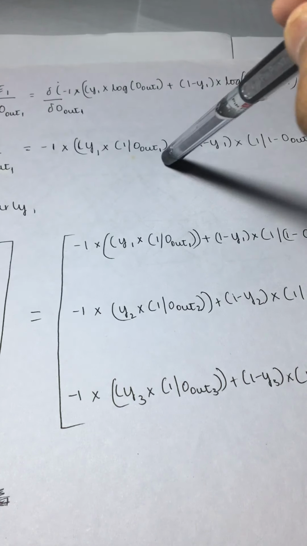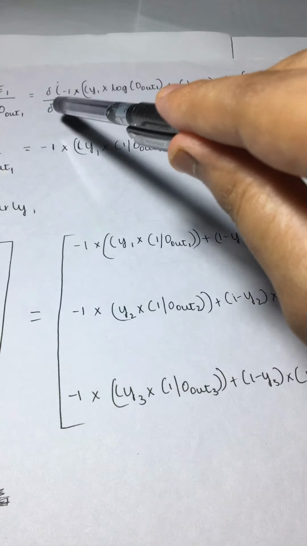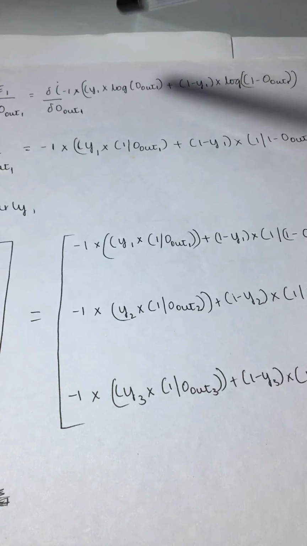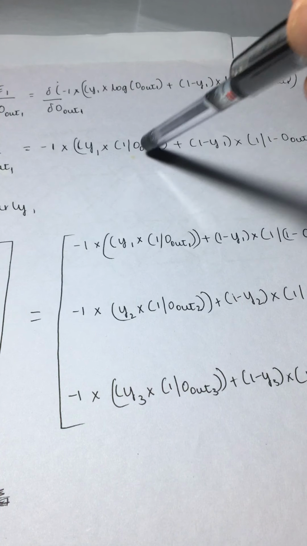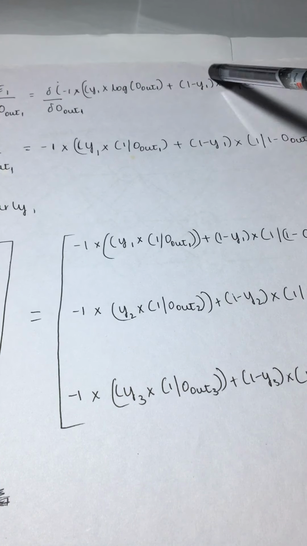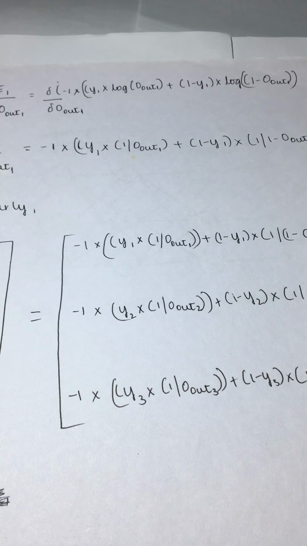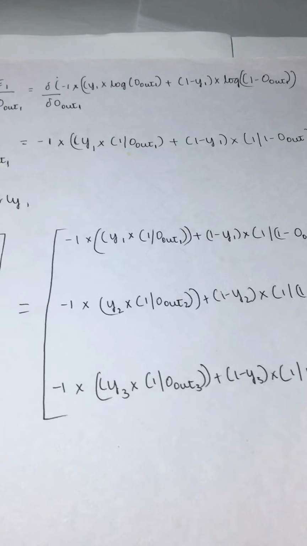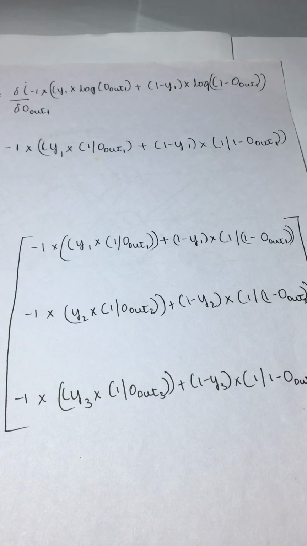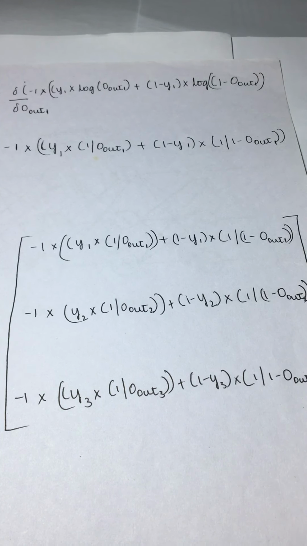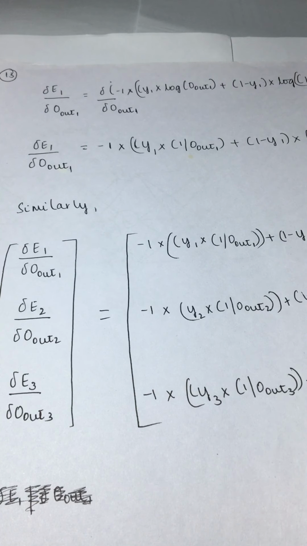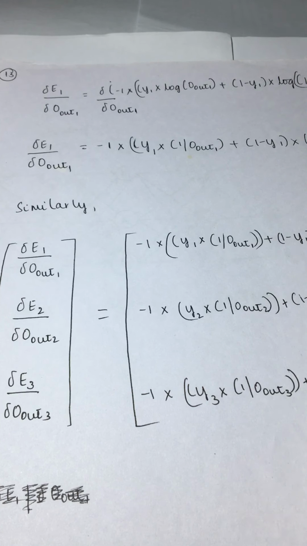Since you're taking the derivative with respect to o out 1, log of x is what remains. The derivative of log of x is 1 by x. Then 1 minus y1 is a constant, you keep it aside, and the derivative of log of 1 minus o out 1 is nothing but 1 by 1 minus the value. So this is the derivative of error with respect to your output.